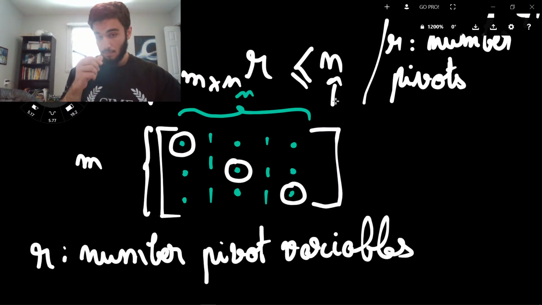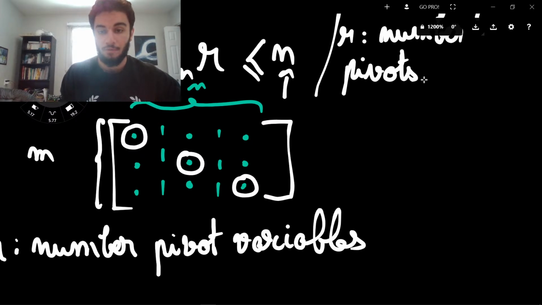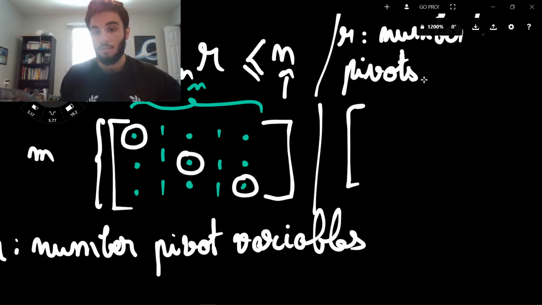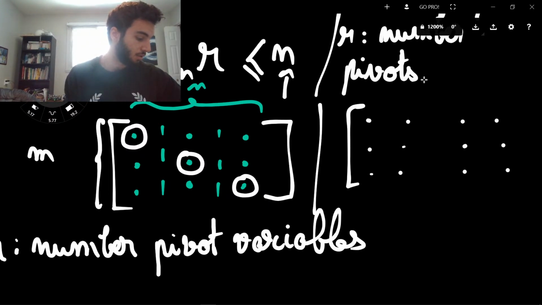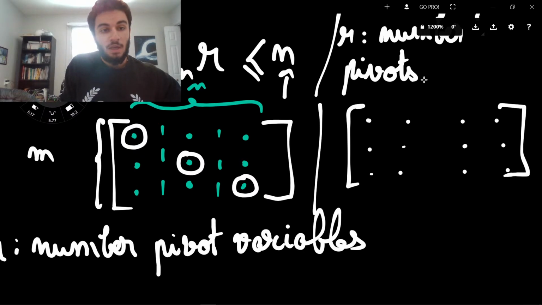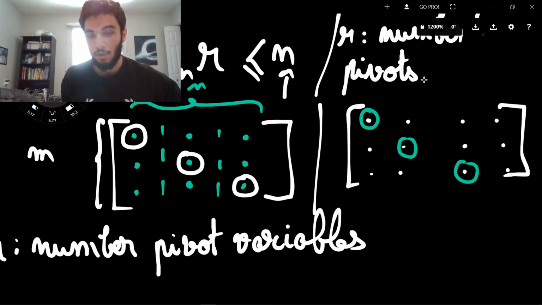So we're going to give a few examples here. Let's say you have, in another case, 4 columns but you have only 3 lines. So here, m is smaller. Now, in this case, the maximum amount is still going to be 3, which is smaller than n, which is equal to 4, because m is smaller than n.